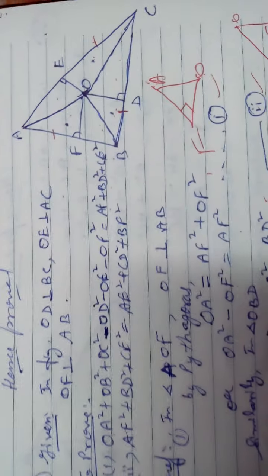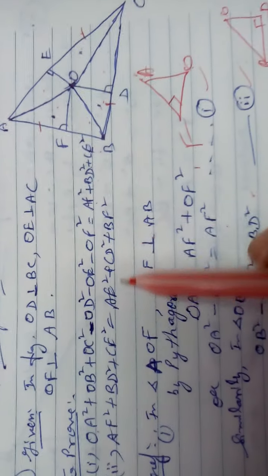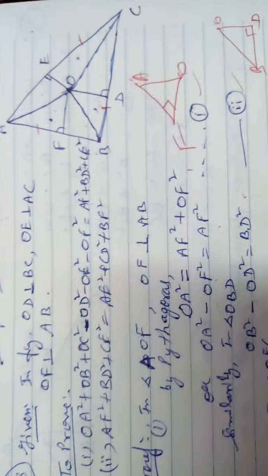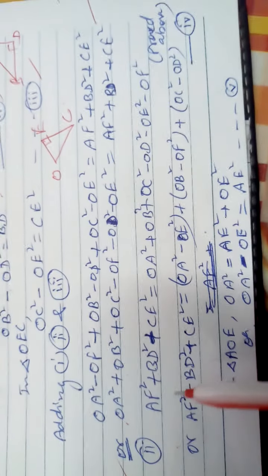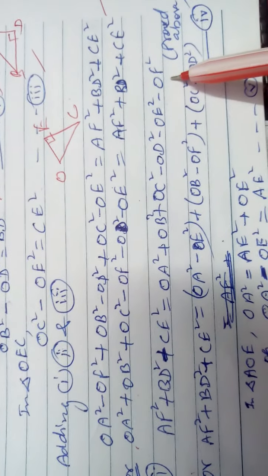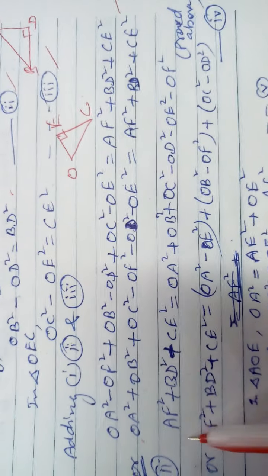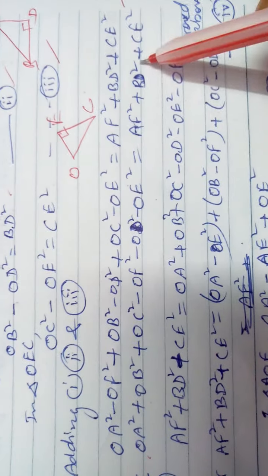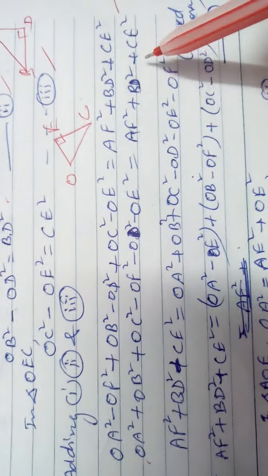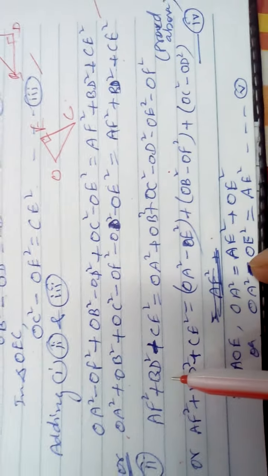OA, OB, OC and this. The second part is given: AF square plus BD square plus CE square. What you have proved in the first part, the same we will use in the second. In the second, first you write as it is. You have proved AF square plus BD square plus CE square is equal to this. LHS I have written on the right side and RHS I am writing on the left side.